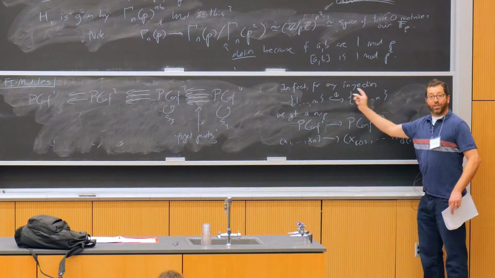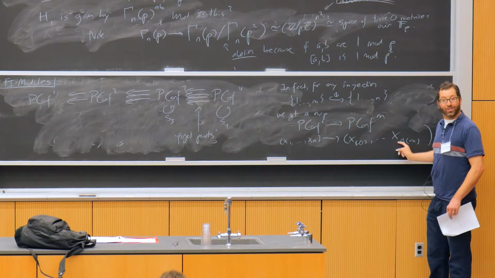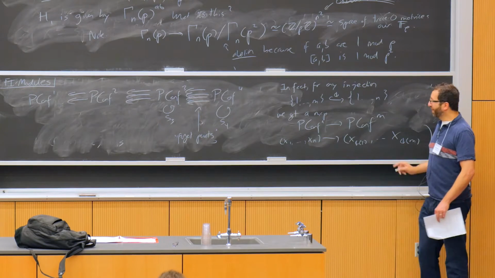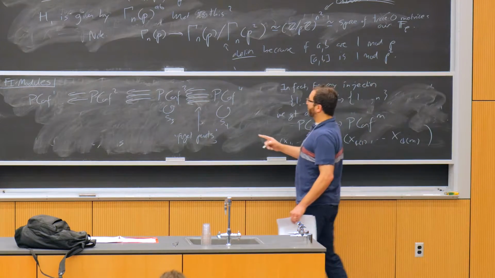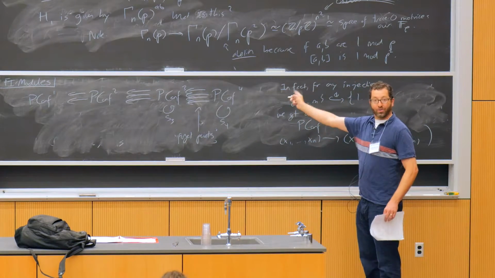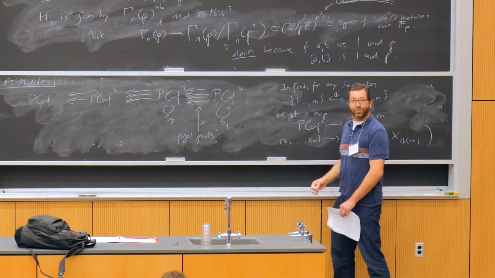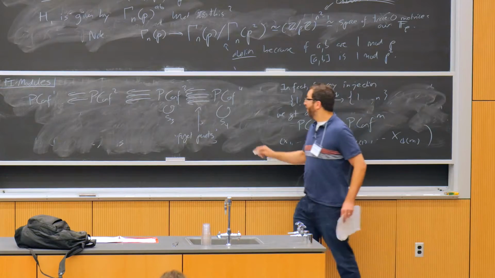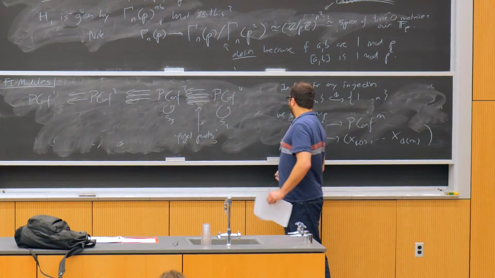And because this phi was an injection, none of these points are the same. If the two are just next to each other, then there's not so many injections. There's only n of them. But if they're farther apart, there's really a lot of maps. So this is a very rich structure, much richer than just having this group action on each thing.